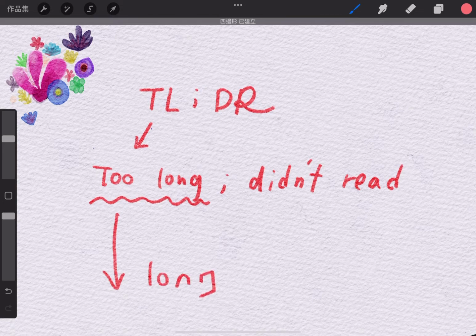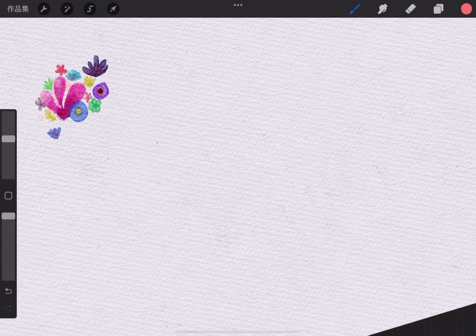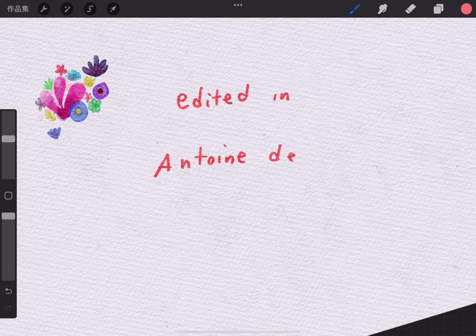So when I was doing the research on the Wikipedia page, someone actually added in a quote from the famous French writer and aviator Antoine de Saint-Exupéry.